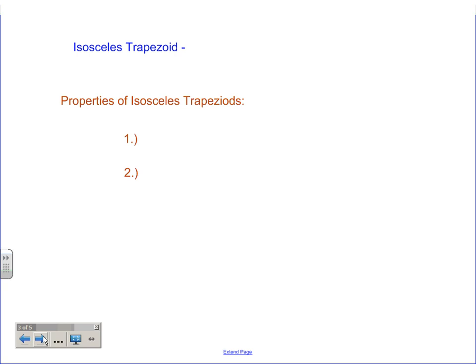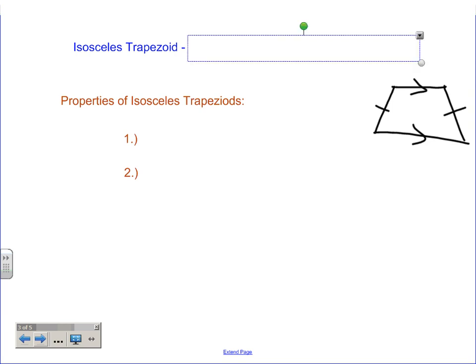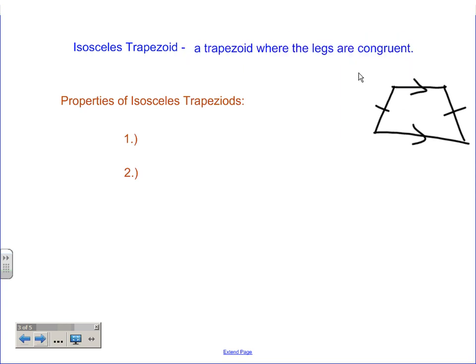Quite obviously, the legs, because here's your parallel. They said the legs must be congruent. And that's in fact what basically the definition says: a trapezoid where the legs are congruent. It's as if we planned ahead or something. We kept calling things isosceles if the legs were congruent.